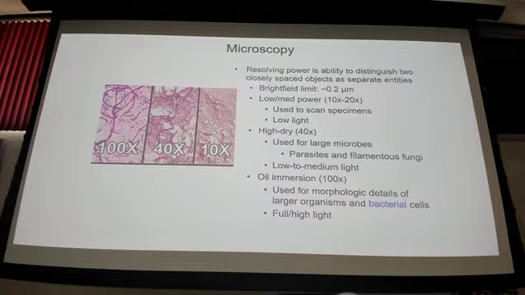The ocular lens or the eyepiece, and that gives you a boost of what? 10x boost in magnification. For oil immersion, what total magnification would you have on a bright field microscope? 1,000, because the objective would be what magnification? 100x.